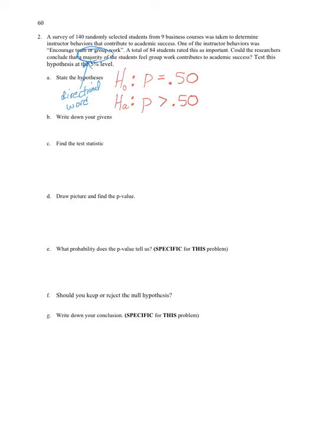So this is similar to the candidate example that we talked about in class, and also the ESP example. Sometimes you have to deduce from the problem what the hypotheses are, and the number is not always exactly mentioned, particularly when it's 50%.